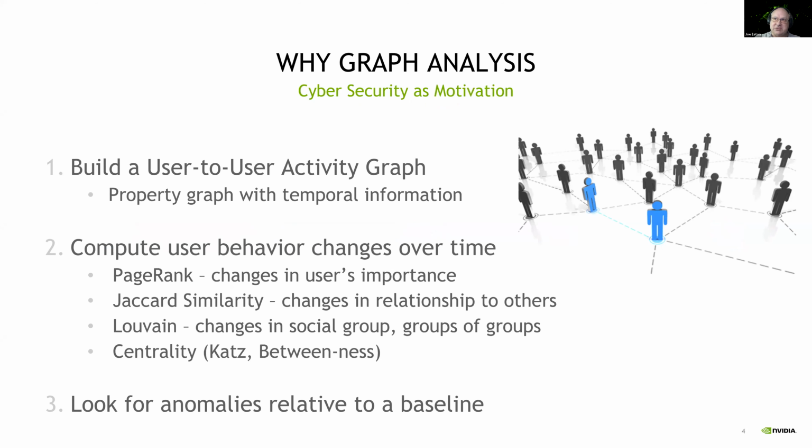And then you can compute certain graph analytics over time: PageRank, Jaccard similarity, Louvain grouping to get communities and discover who talks to who most often, and then centrality measures to help you find who's the most influential in these groups. And then as you go through time, you can train recognizers, classifiers, to recognize anomalies relative to the baseline. There's a lot of vagueness in there, right? What is a baseline? What's an anomaly? Well, that's what neural networks are really good at.